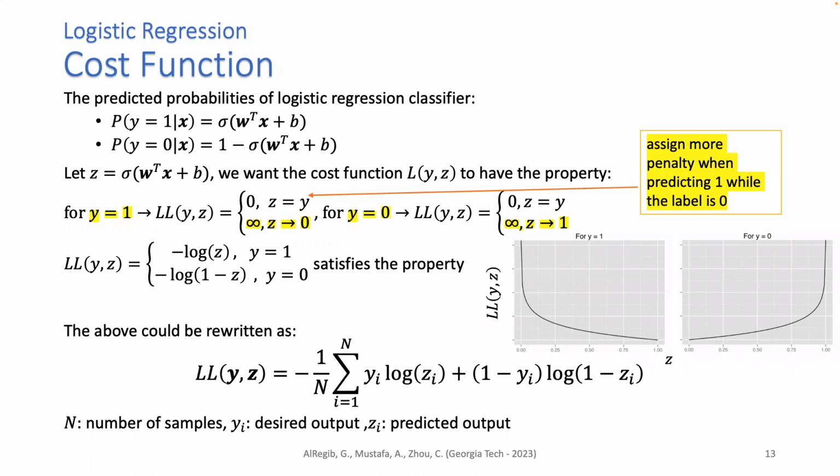So this can be described using this function here, as a function of z, under the condition y equals 1. So my cost function could be the negative log of z when y equals 1. And similarly, I can describe the other case using a log as well, which is negative log of 1 minus z, because now I'm going up when y equals 0. Okay, so that's one way to describe our cost function.